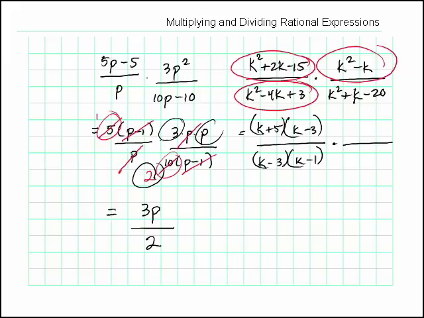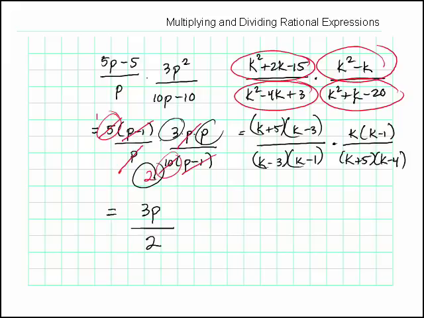This right here just has a GCF. I factor out a k. That's k times k minus 1. And finally, this trinomial will factor to k plus 5, k minus 4.